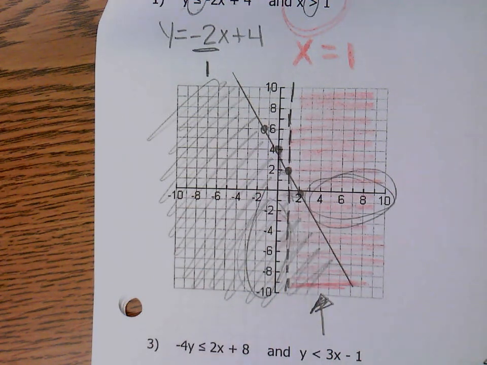But did everyone understand? Sam's was close, but it was on the dotted line. If it's dotted, you can't lie on the line itself. If it's solid, it would have worked. So 1 comma -2 would work if it was a solid line. So it's important to know what a solution region means. You've got to be able to pull one of the solutions out of the solution region.